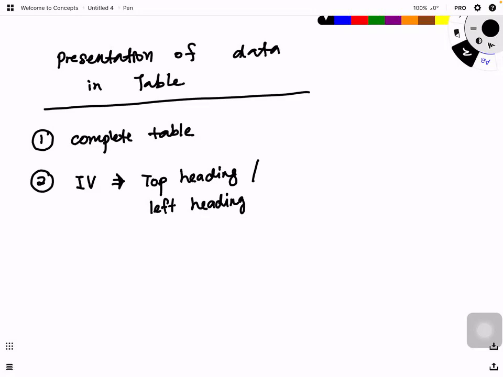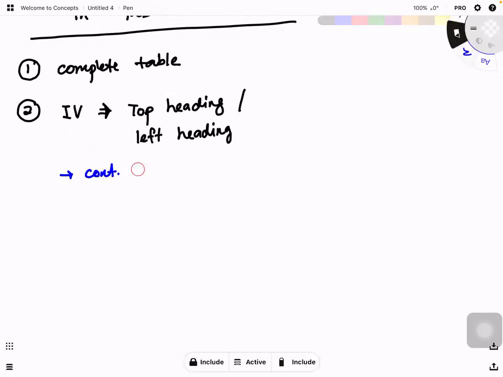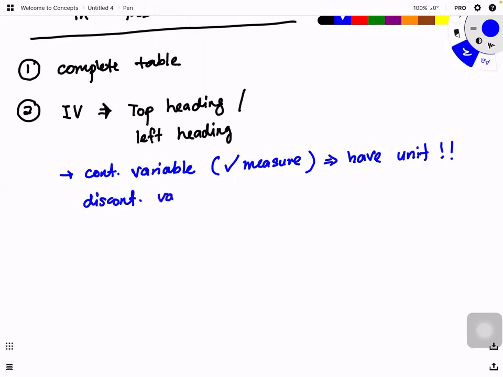Second, your independent variable can be either a continuous variable. What does continuous variable mean? Something that you can measure. Then you must have a unit in the title there. If it is a discontinuous variable, what does that mean?